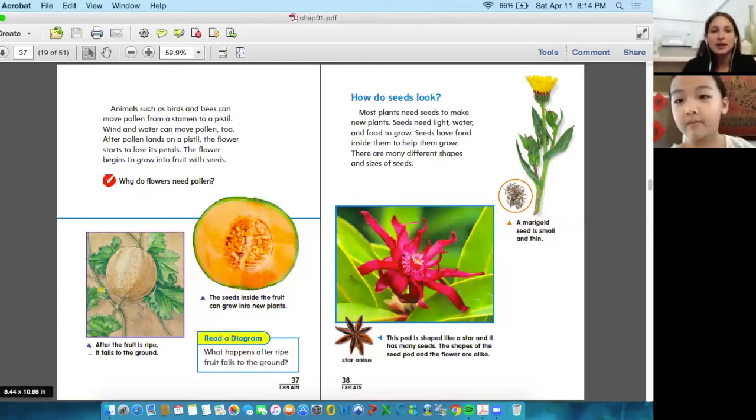What does it say? After the fruit is ripe, it falls to the ground. Okay, what is one reason you think that, so you have the flower and then the little fruit, why do you think when it's ripe, it just falls to the ground?